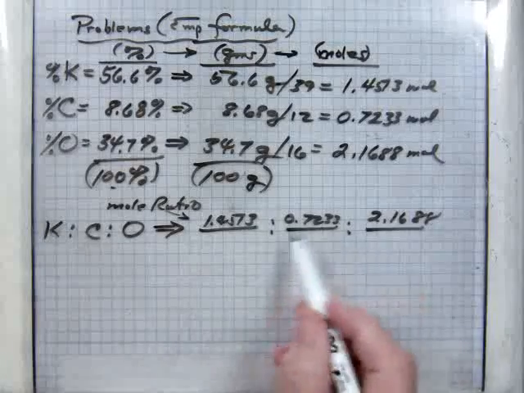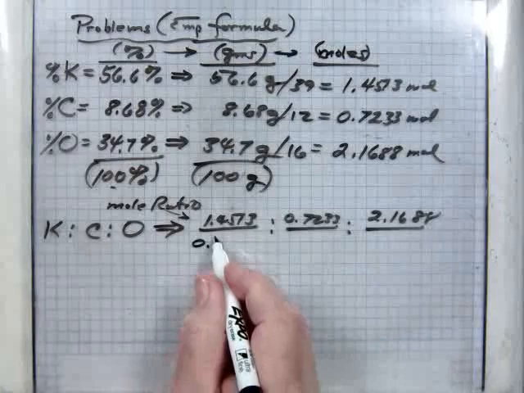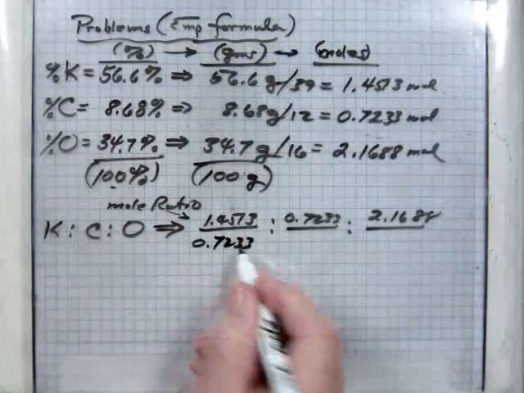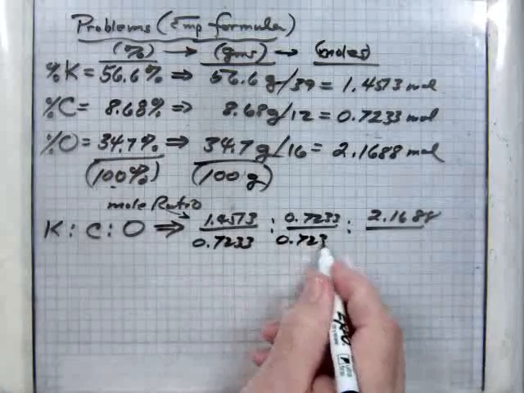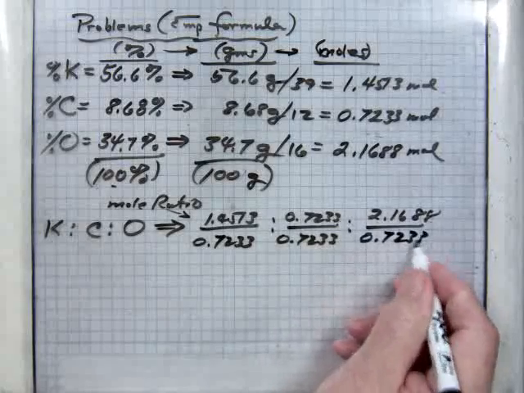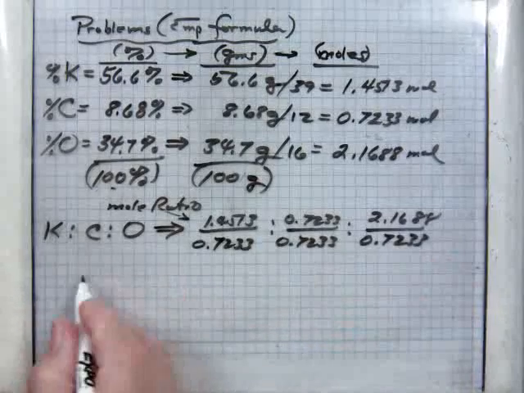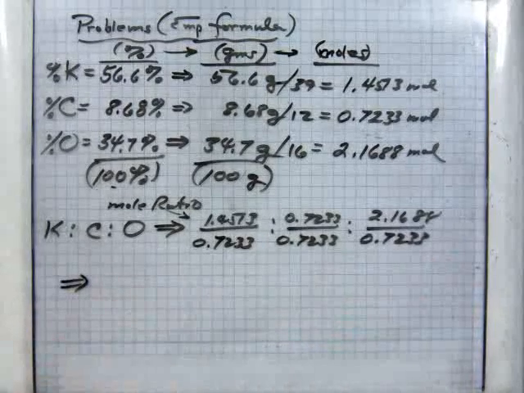And so if you look at your collection, the smallest number in this is 0.7233, 0.7233, and 0.7233. So what this gives you is the empirical ratio.